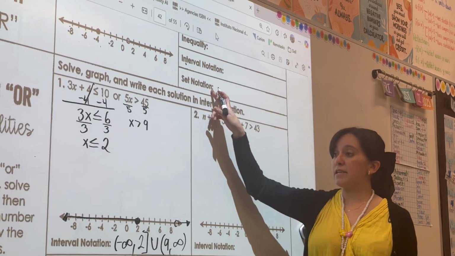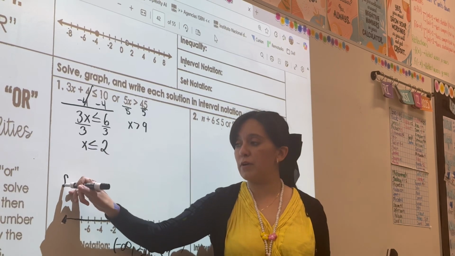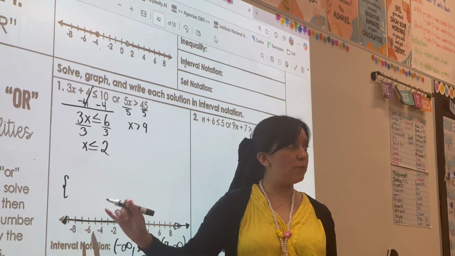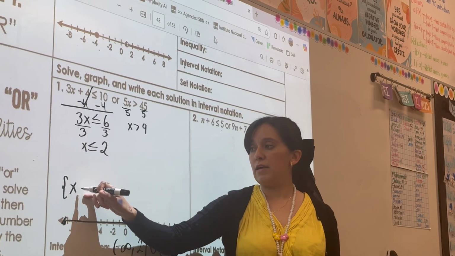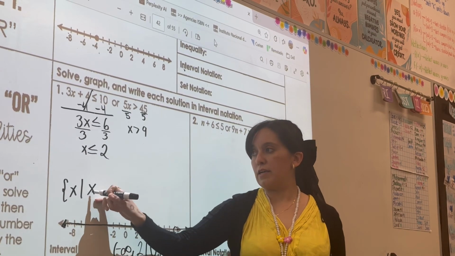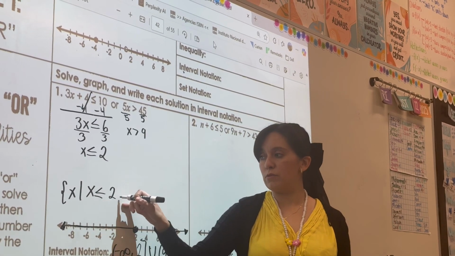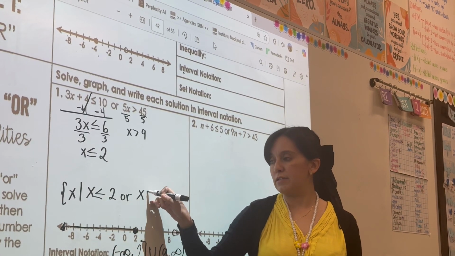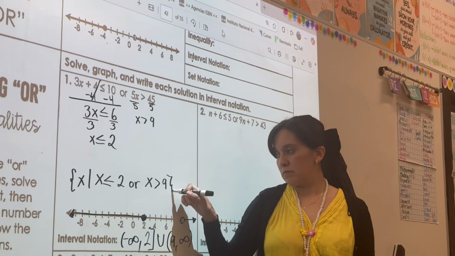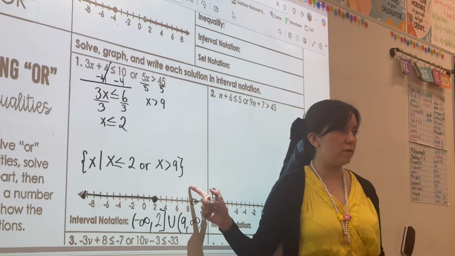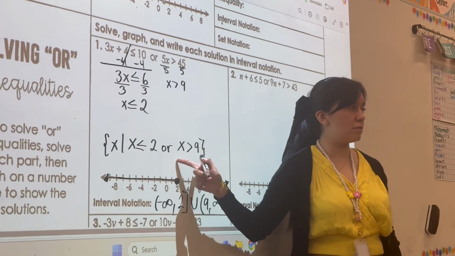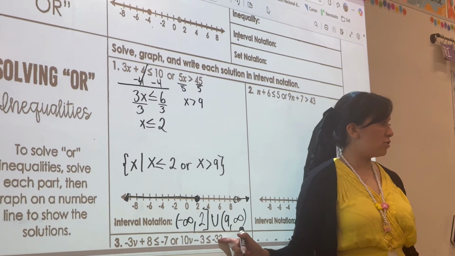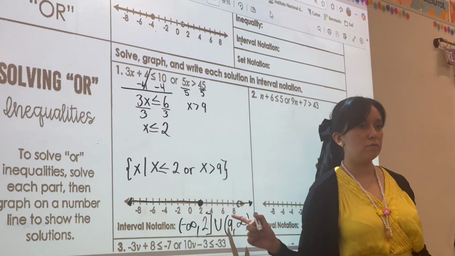Okay, and the set notation that we have to write down is going to be curly brackets, x such that x is less than or equal to 2 or x is greater than 9. It's not that hard to write it down, right? Anybody any questions about how to write this one down, the interval notation, or how to graph?